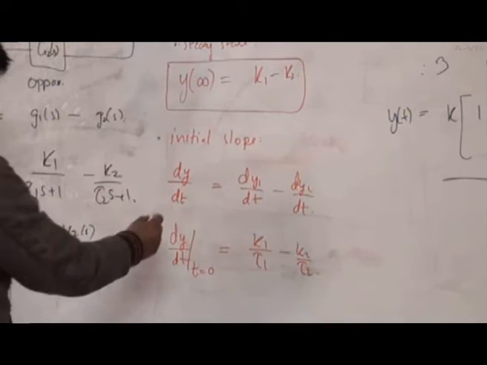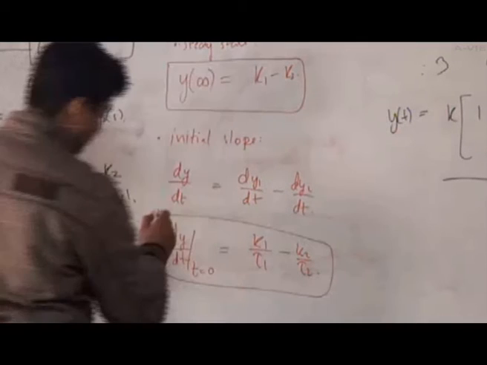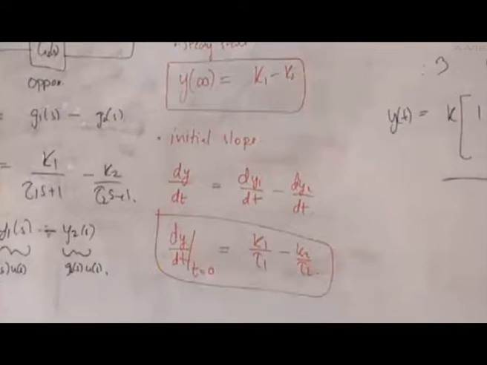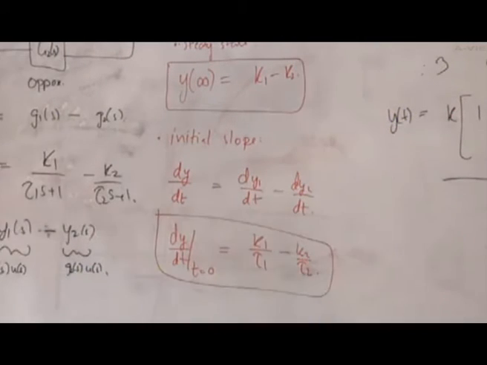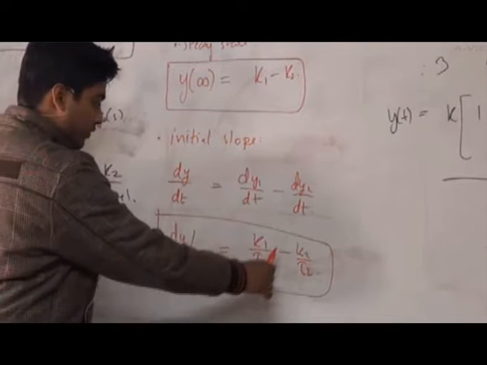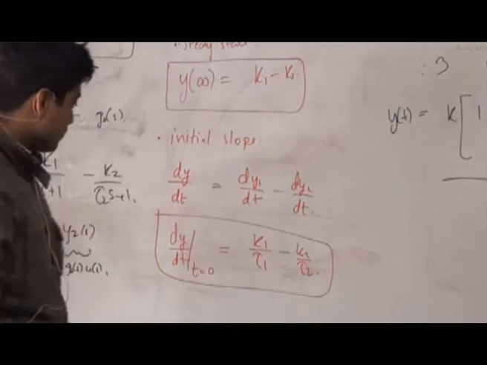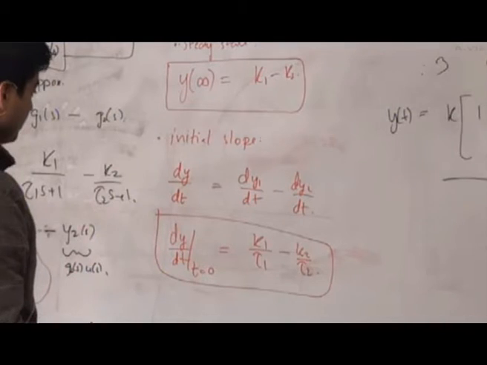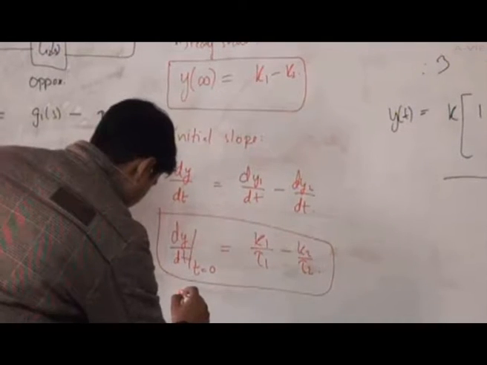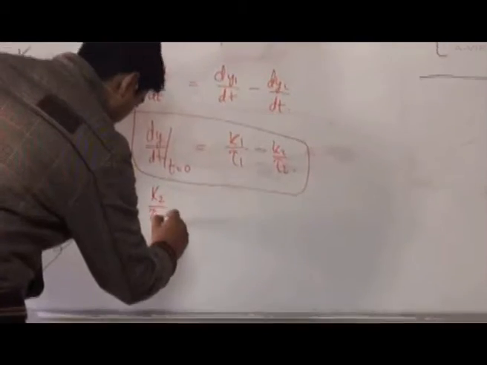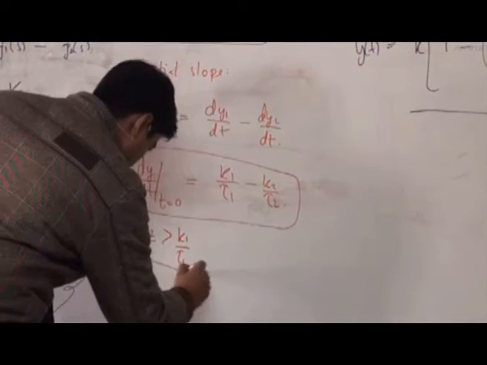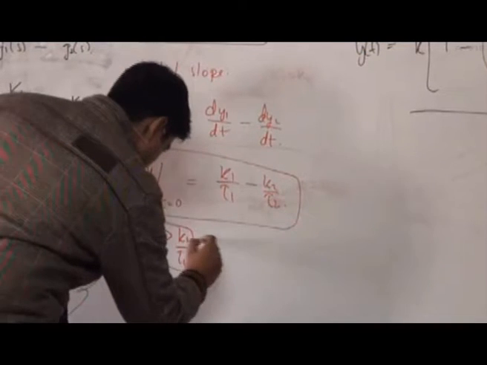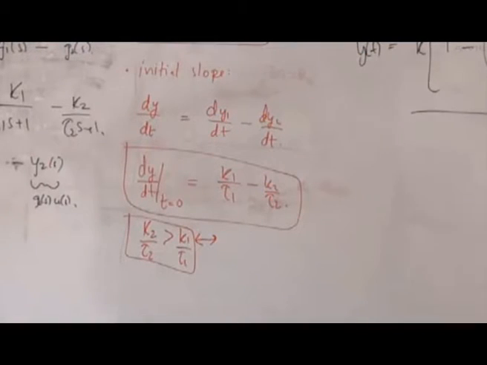So what information is given by this equation? Of course, once again there would be two different conditions based on the values of k1, tau 1, k2 and tau 2. Now suppose I have k2 over tau 2 greater than k1 over tau 1. Think what is going to happen if I have this condition.